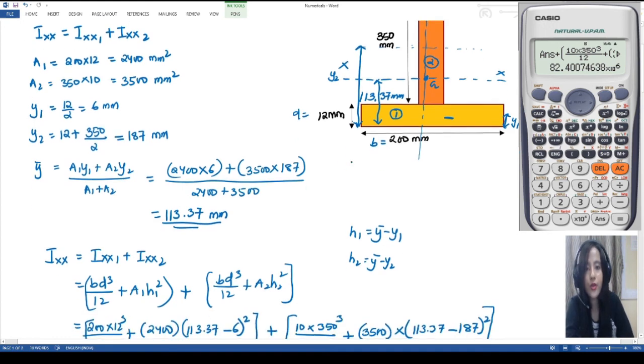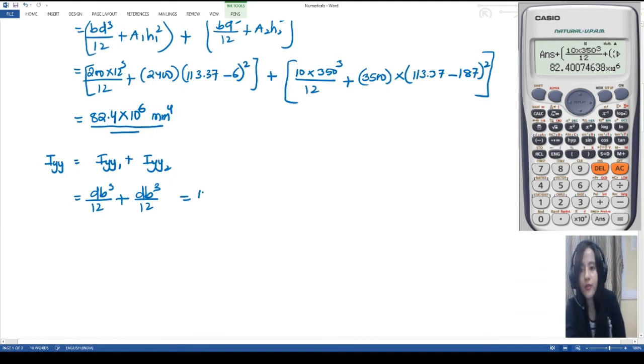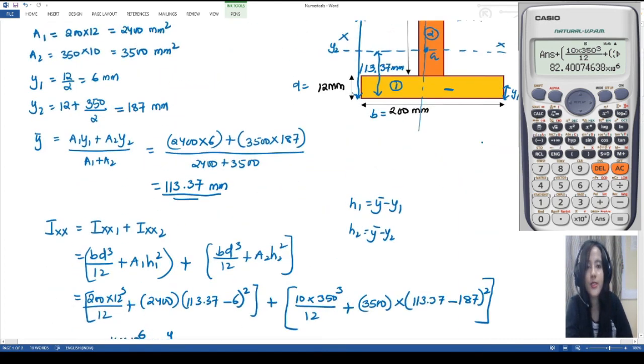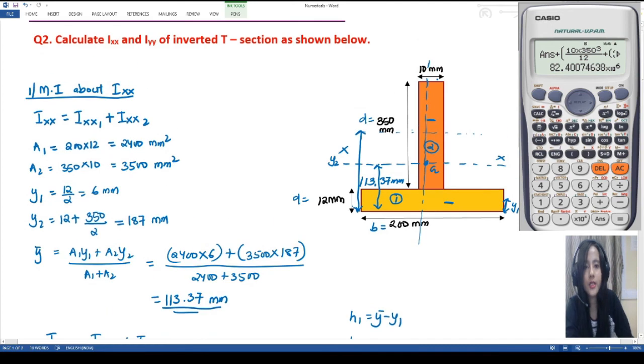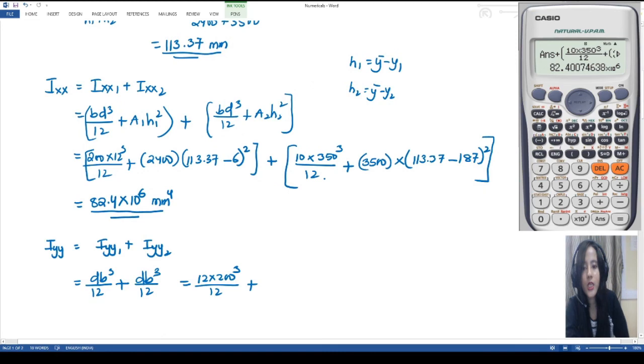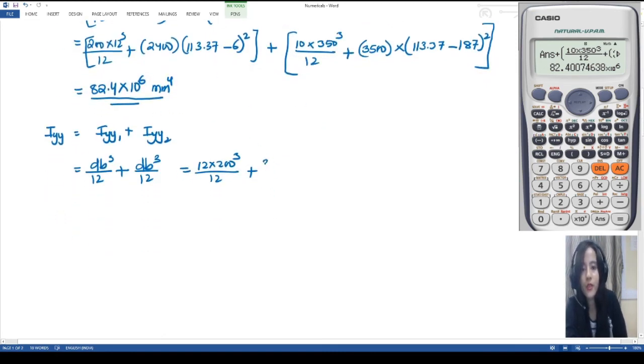So dB cubed by 12 is 12 into 200 cube by 12, plus, for my second section, the orange portion, its D is 350 and B is 10, so 350 into 10 cube by 12.